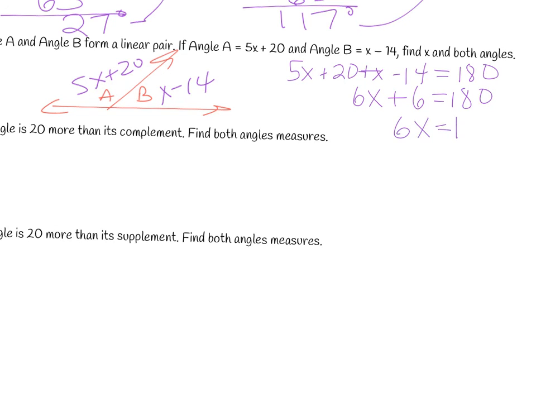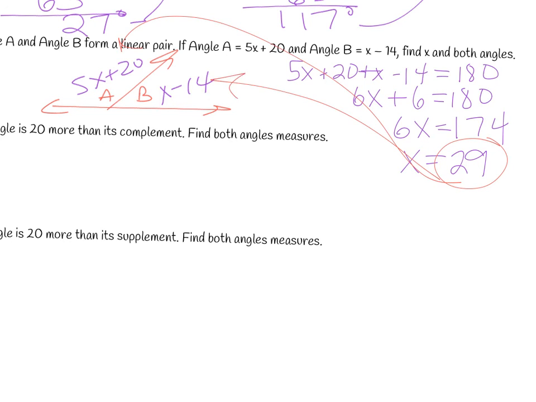Subtract the 6, 174. And x would be 29. Take that, plug it back in to get the angle. So 5 times 29 is 145, plus 20, 165. That's angle A.